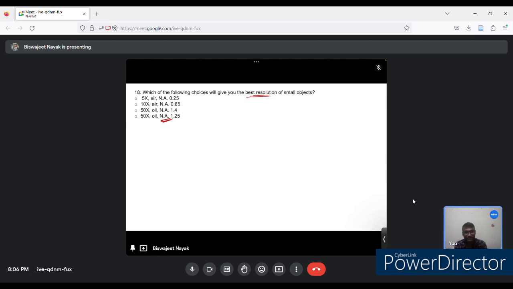Like oil, as I have already told, we are adding extra material having a different refractive index which helps in capturing more light, for which the numerical aperture increases and we get a better resolution. So here the answer will be 50x oil, numerical aperture highest 1.4. Now this will give us the best resolution.